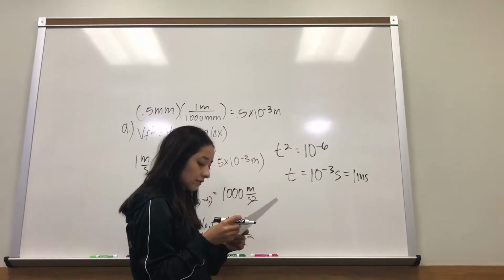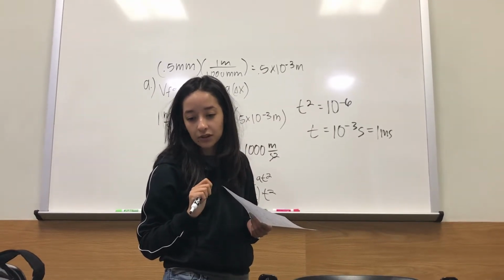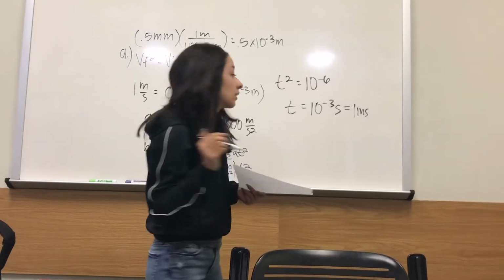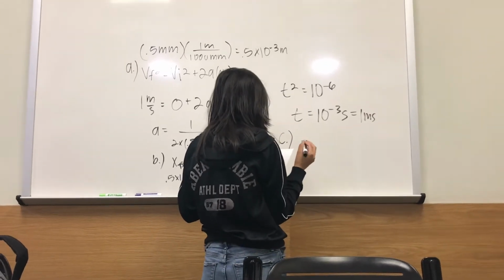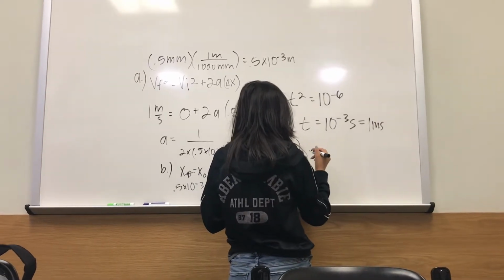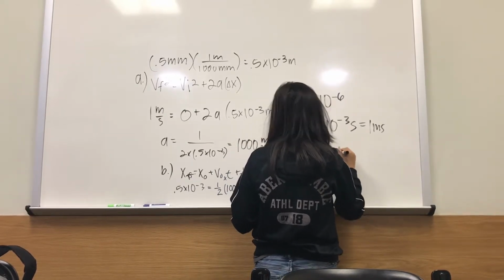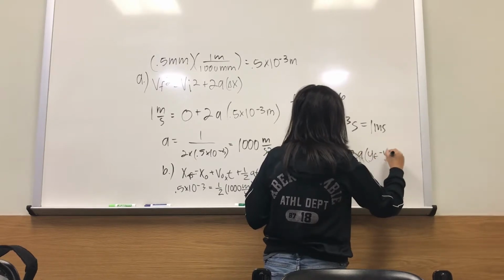And then C is asking us, if the flea jumps straight up, how high will it go? Ignore air resistance for this problem. And so to find how far it goes, we use velocity final squared equals velocity initial squared plus 2a times the change in y.